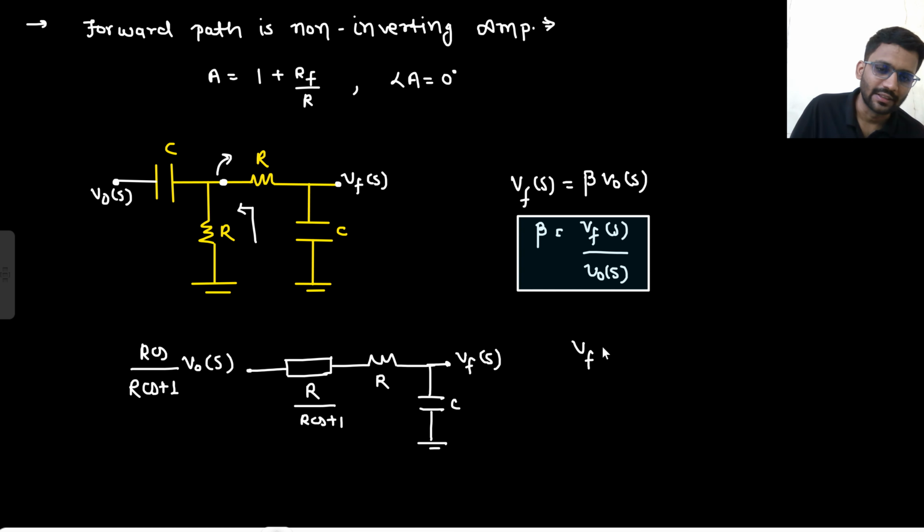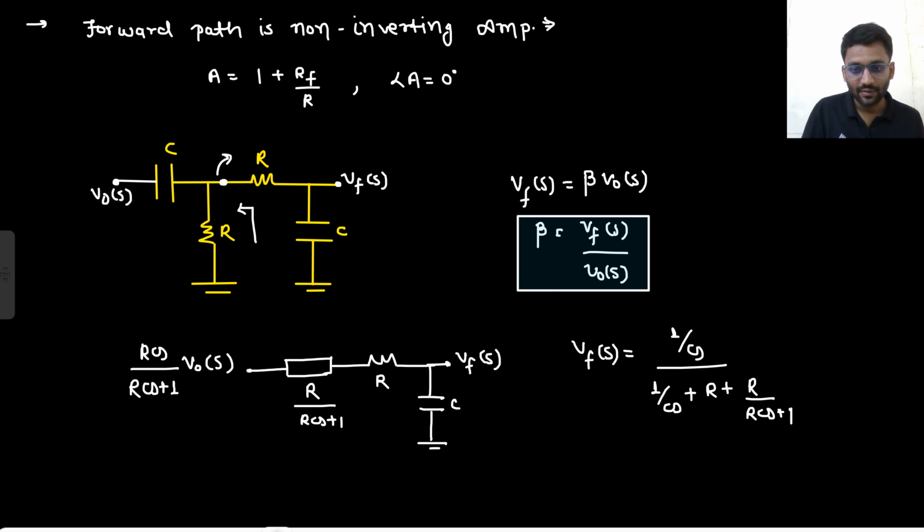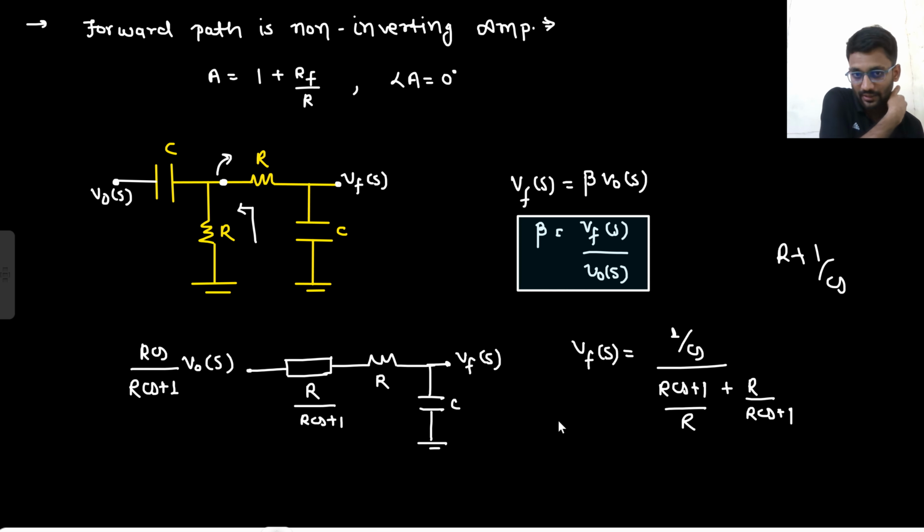So your VFS is equals to 1 upon CS upon 1 upon CS plus R upon RCS plus 1. Right? 1 upon CS plus R, I can write it as RCS plus 1 divided by CS.